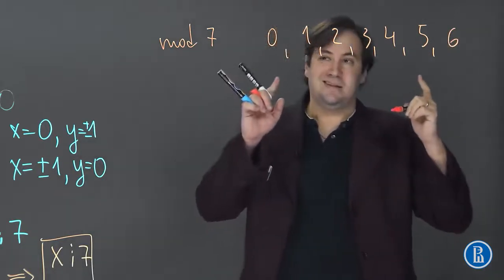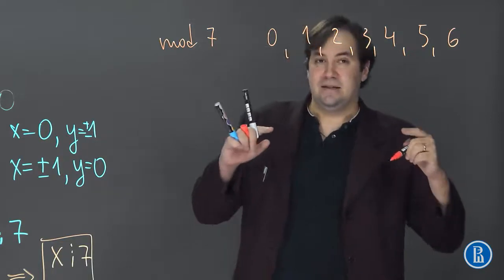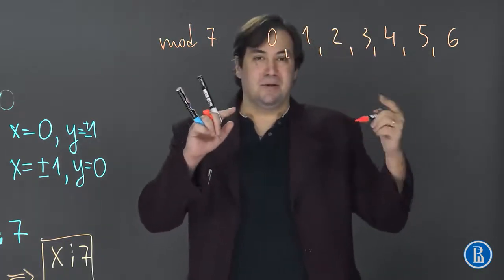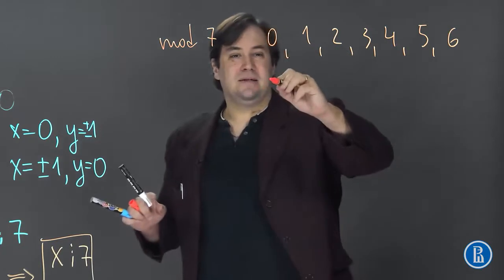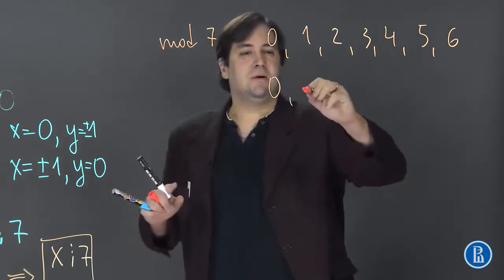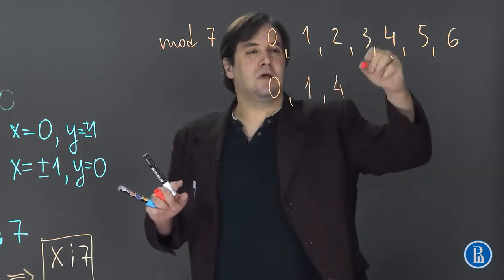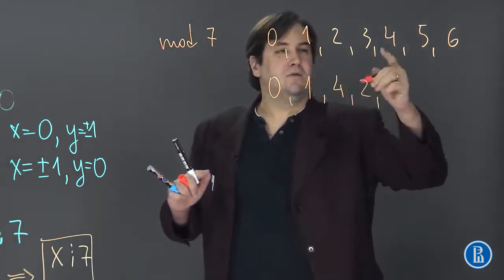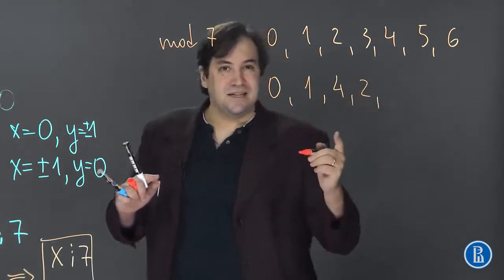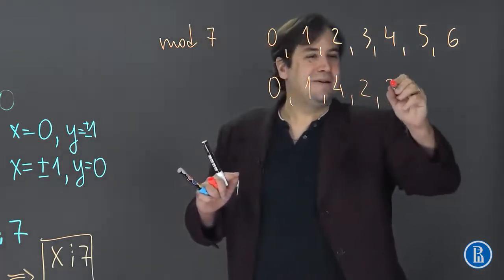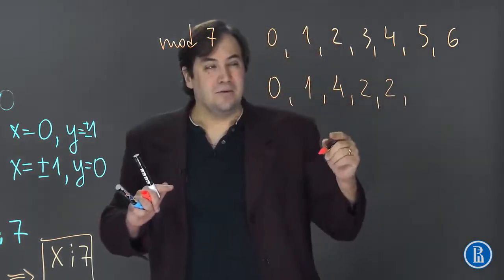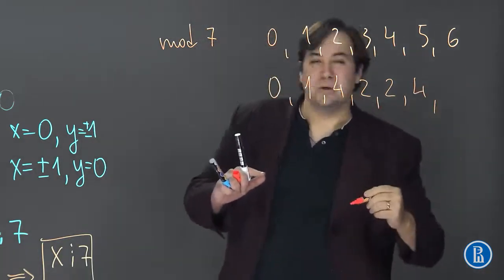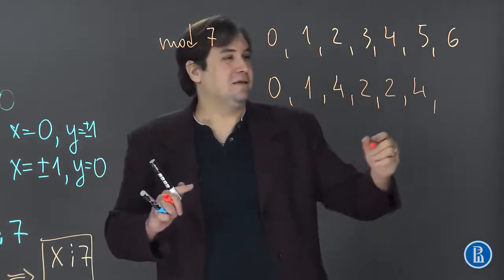And if we take each of these remainders and calculate their squares and take the remainder modulo 7, we will get, well, 0 squared is equal to 0, 1 gives 1, 2 gives 4, 3 squared is 9, but the remainder is 2, 4 squared is 16, but the remainder is 2, 5 squared is 25, but the remainder is 4, and 6 squared is 36, and the remainder is 1.